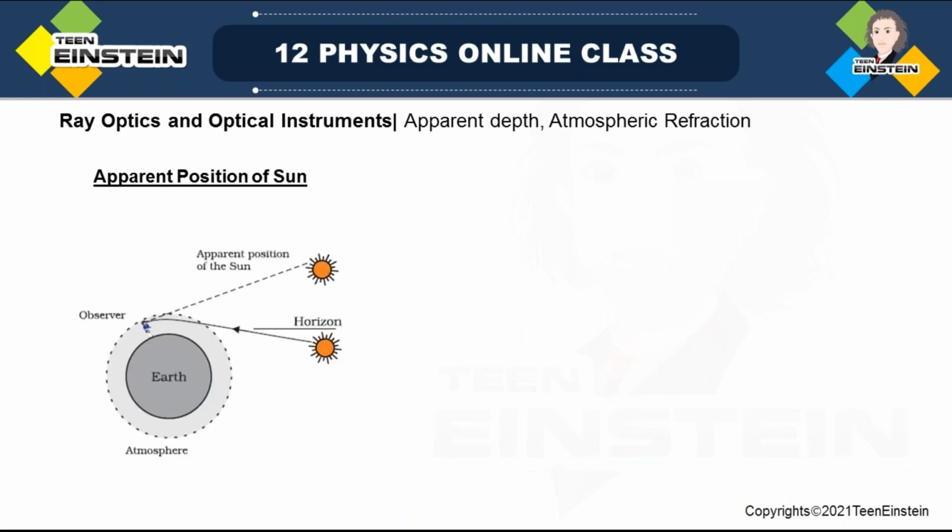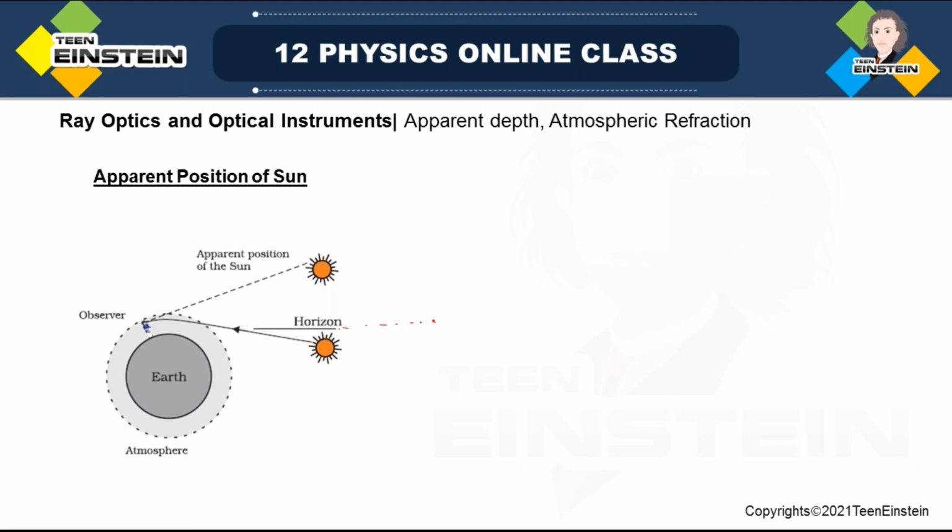Now we'll see the apparent position of the sun being seen due to atmospheric refraction. Let me just explain this phenomenon. Due to atmospheric refraction, the sun is visible before actual sunrise or after actual sunset. You can see this is called the horizon.